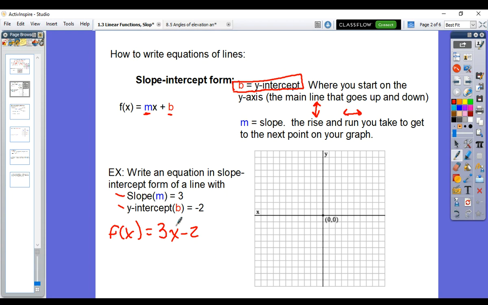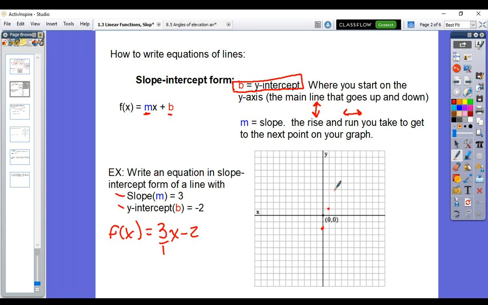Now, if we're going to graph this, we start at our y-intercept at the -2 right here. There we go. And then from there, we do a slope of 3. Now, this is 3 over 1. All whole numbers have a value of 1 in the denominator. So we go up 3 spots, our rise, 1, 2, 3, and then positive 1 on our run.